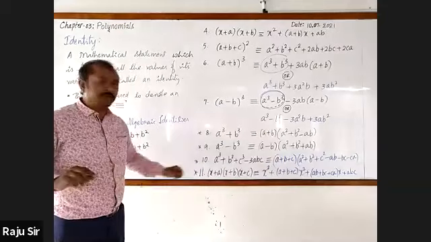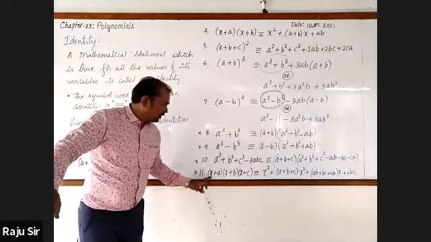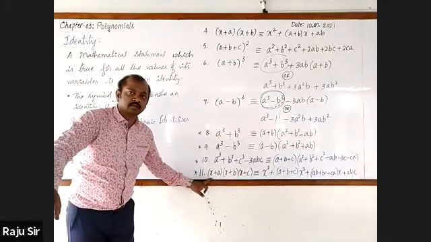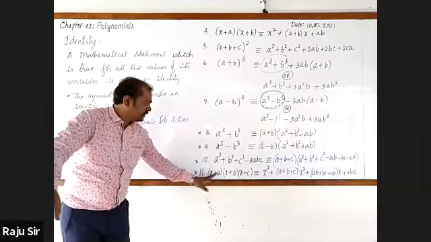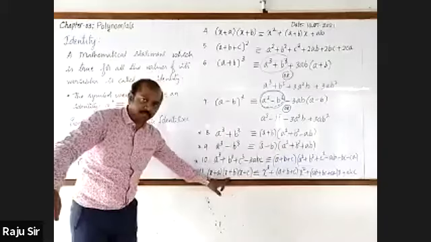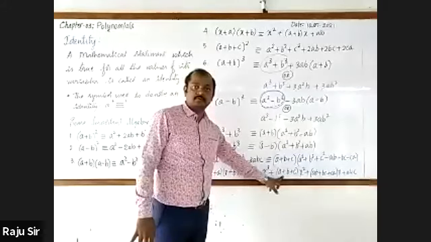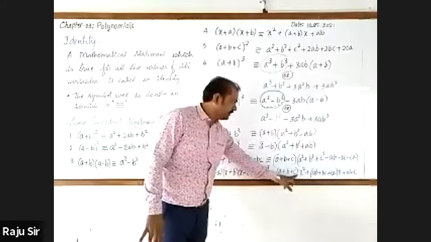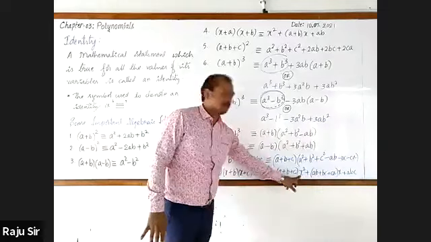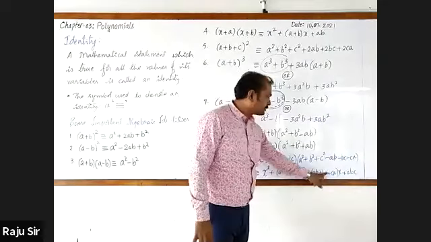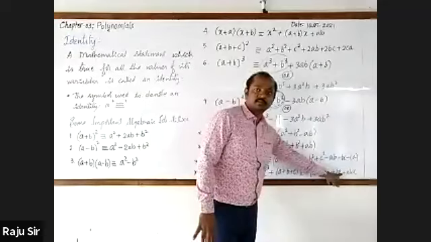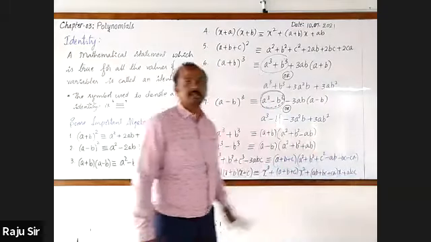Next, the 11th identity is to be read as x plus a into x plus b into x plus c is exactly equal to x cube plus of a plus b plus c into x square plus of ab plus bc plus ca into x plus abc.